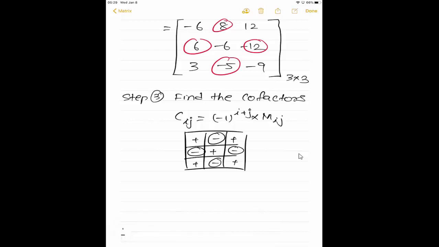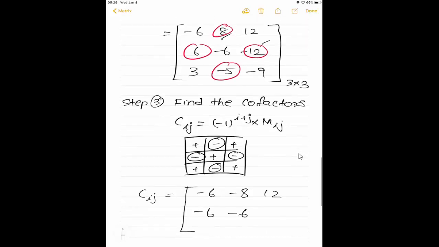If not, directly we can write C of ij equal to minus 6, here 8, so it will be minus 8, then 12, here it is 6, then minus 6, minus 6, it is minus 12, so therefore plus 12, then 3, it is minus 5, so plus 5, then minus 9.